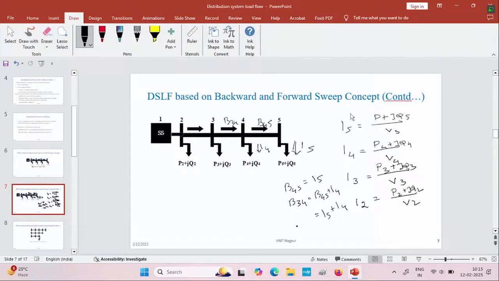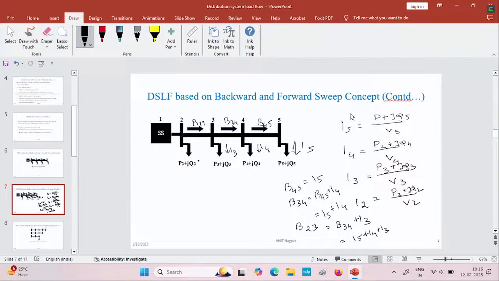Similarly, if we go on to the calculation of the branch current B23, it will be the summation of B34 plus whatever current flows across this node. So it is B34 plus I3, or in other words, I5 plus I4 plus I3.